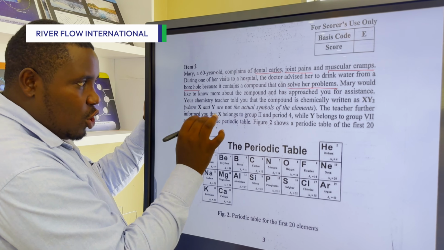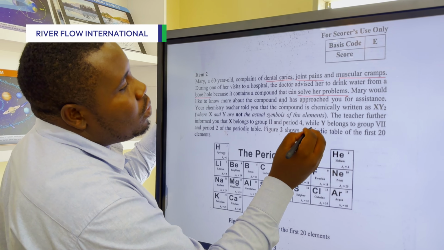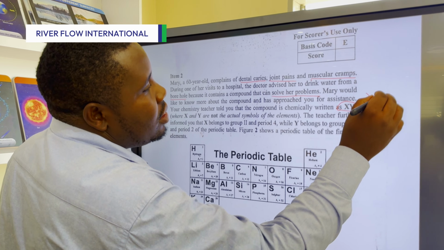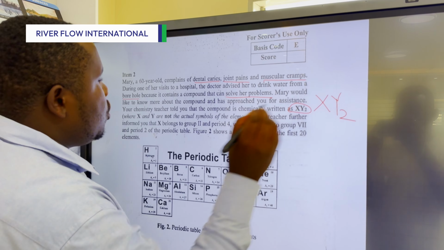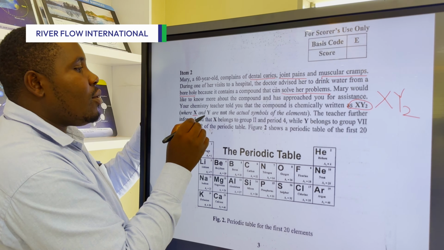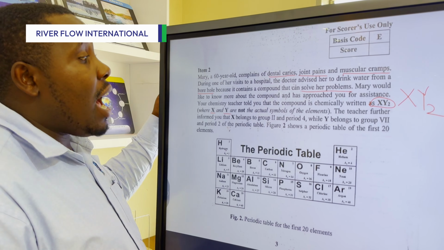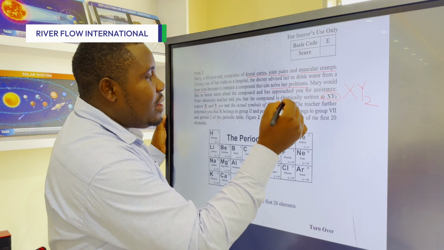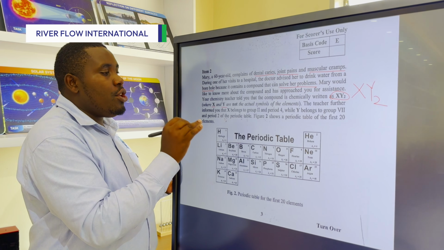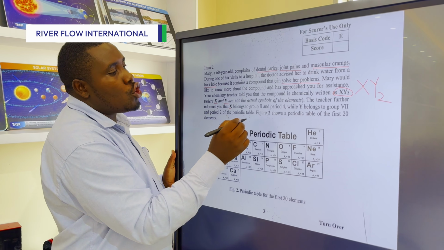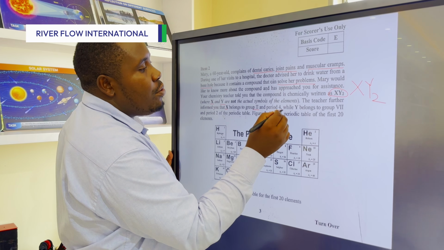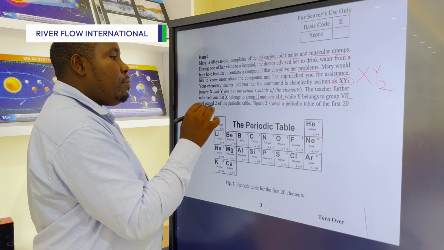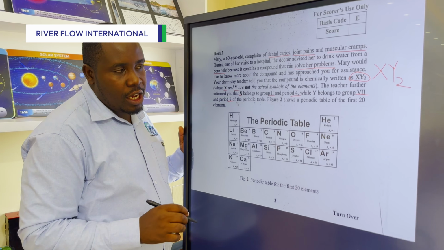Your chemistry teacher told you that the compound is chemically written as XY2, where X and Y are not the actual symbols of the elements. The teacher further informed you that X belongs to group 2 and period 4, while Y belongs to group 7 and period 2 of the periodic table.